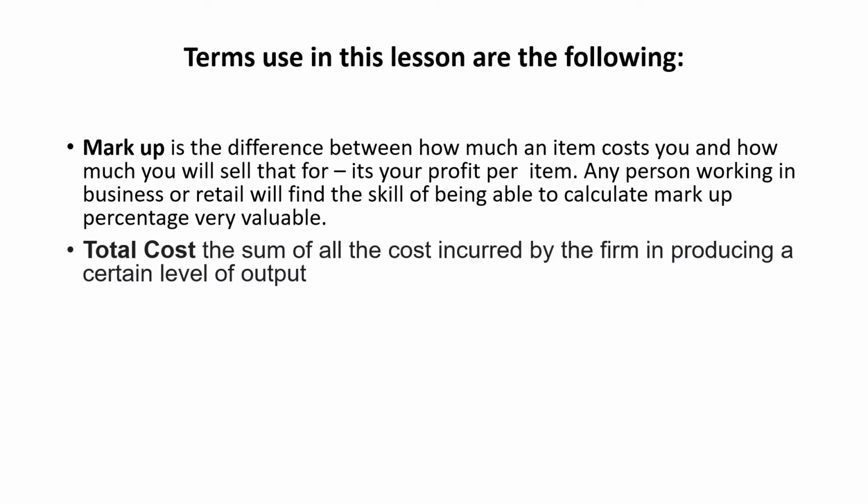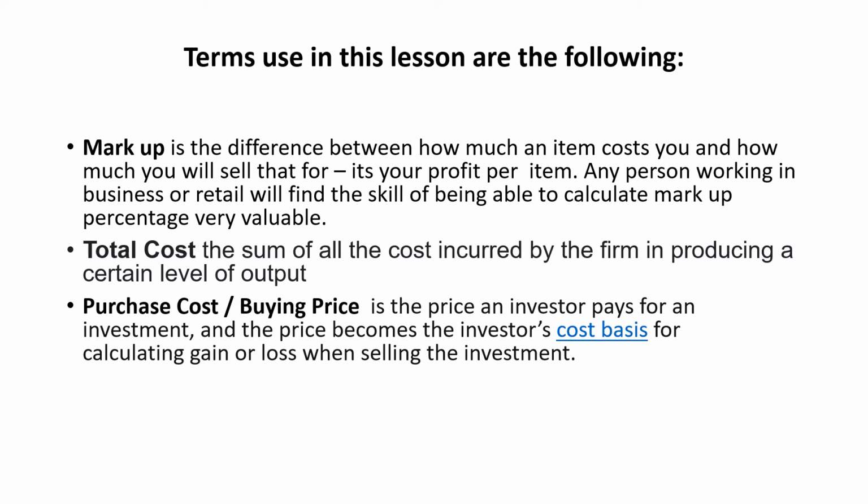Total cost is the sum of all the costs incurred by the firm in producing a certain level of output. Purchase cost or buying price is the price an investor pays for an investment, and the price becomes the investor's cost basis for calculating gain or loss when selling the investment.